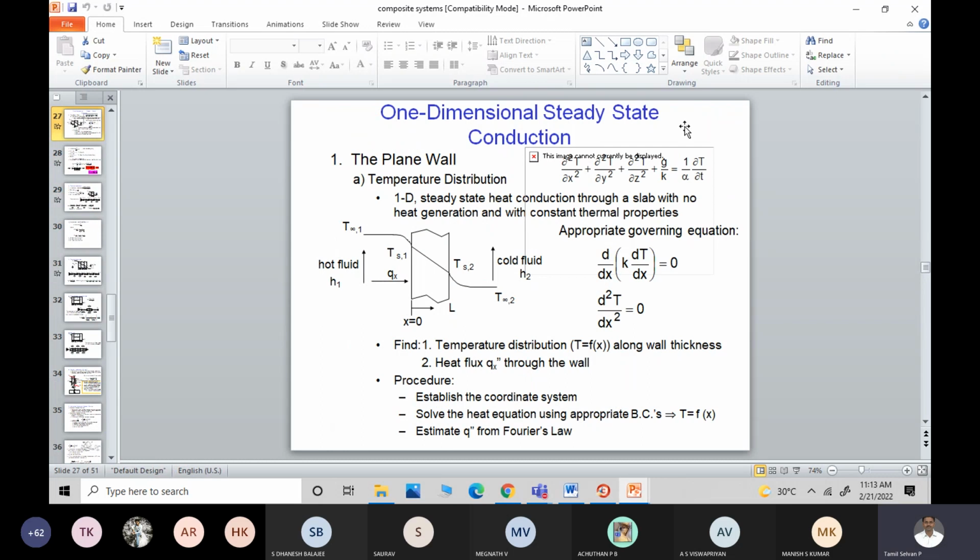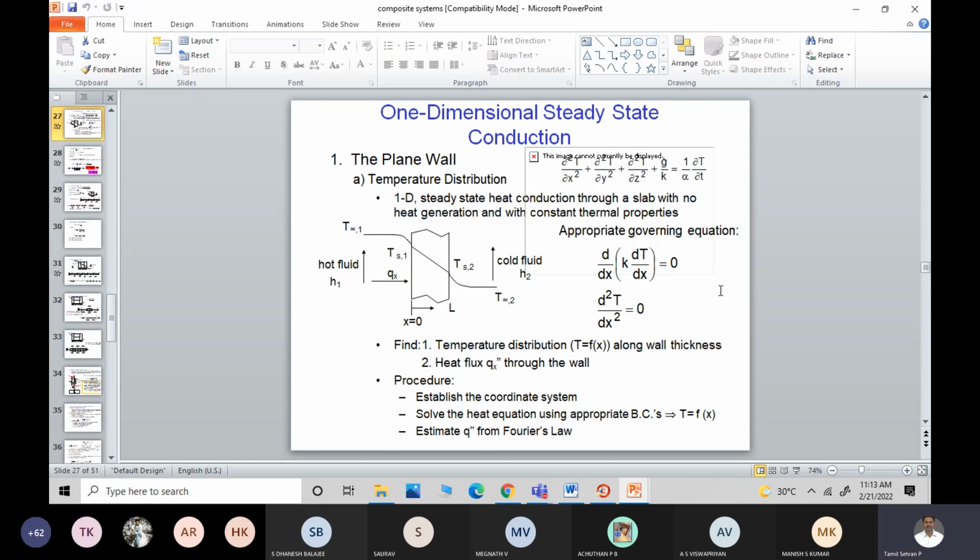Now you can see here there is no internal heat generation. It is assumed to be steady state, right? If it is steady state, this becomes 0. And if there is no internal heat generation, Qg divided by K will be 0. And you are considering the x-axis, so y-axis and z-axis become 0. So the equation is dou square T by dou x squared equal to 0.